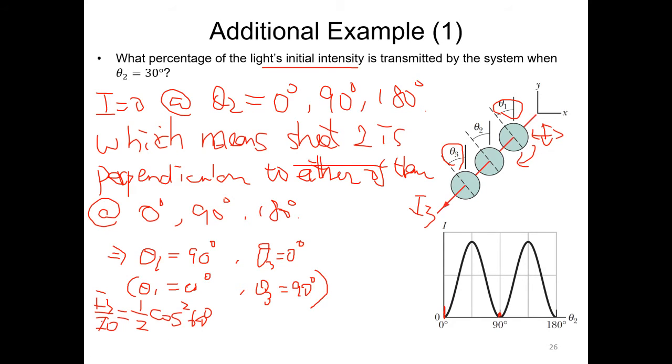And then from theta 2 to theta 3, we have 0 degrees minus 30 degrees, so we have another cosine square 30 degrees. It turns out to be 9.4%, actually the same answer as the previous example. Any questions regarding this one?